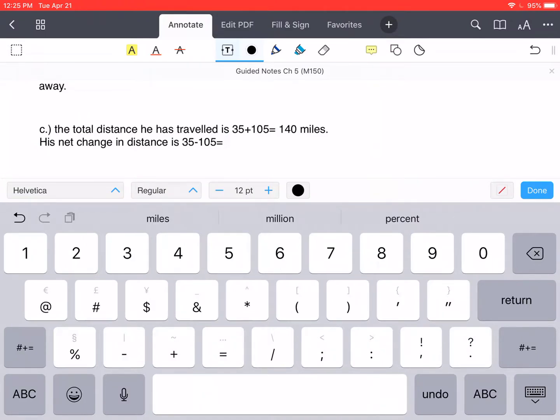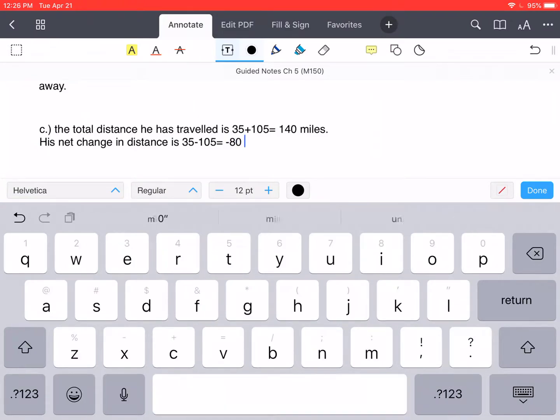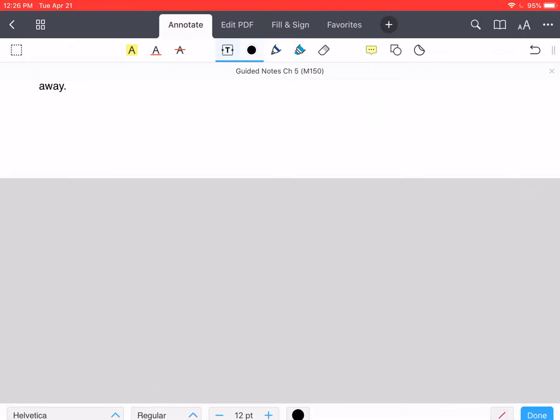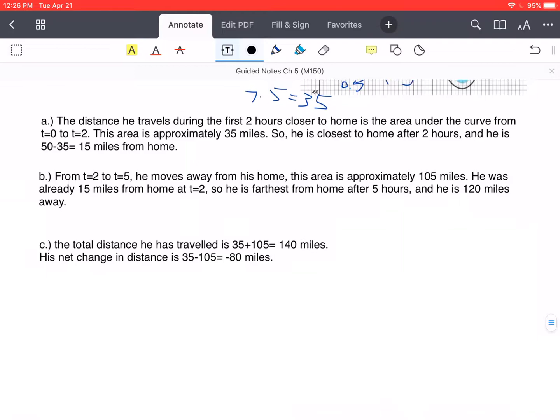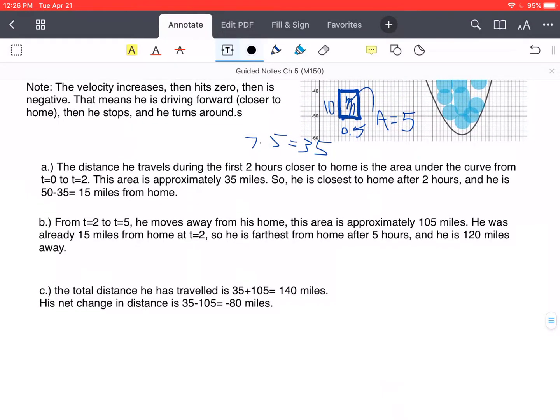So if we compute it, that's going to be negative 80 miles. And if you're thinking, wait a second, why is the distance negative? Because it's a net change. Think of it as he's 80 miles behind where he was when he started.